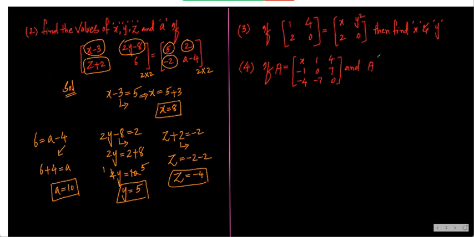A is already given here as a skew symmetric matrix. Then find x. We have to find out the x value.